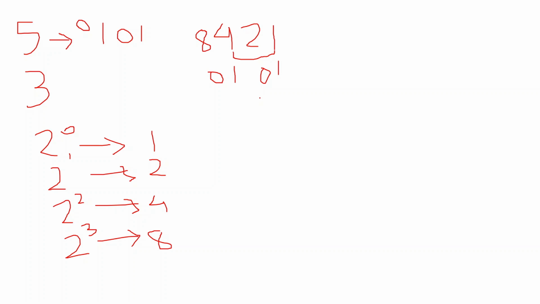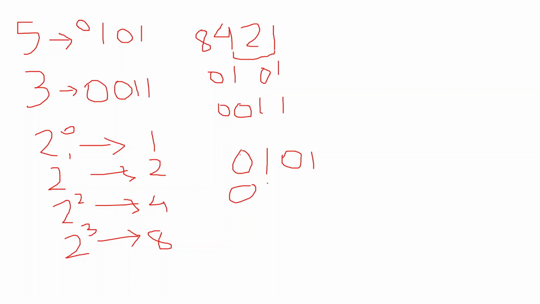So for these fields it will be 1, 1, 0 and 0. So finally the binary number for 3 will be 0, 0, 1, 1. Let's calculate the binary OR operator. So 0, 1, 0, 1 and 0, 0, 1, 1.